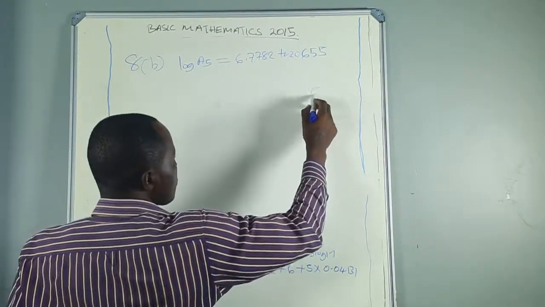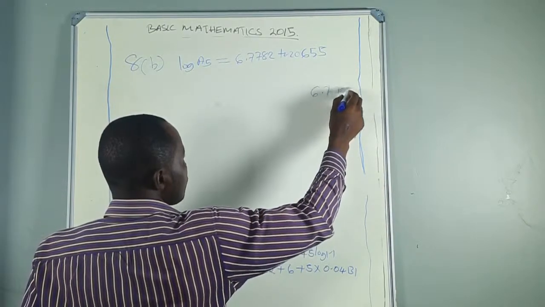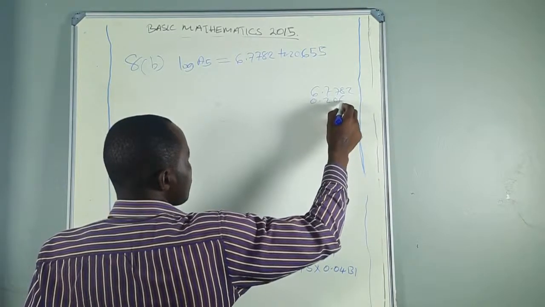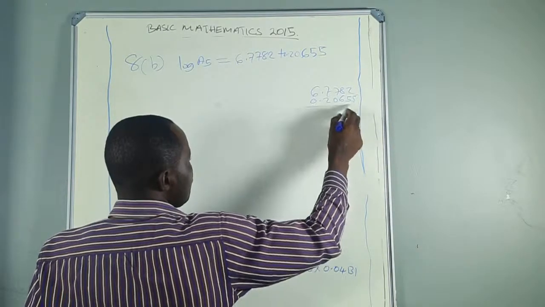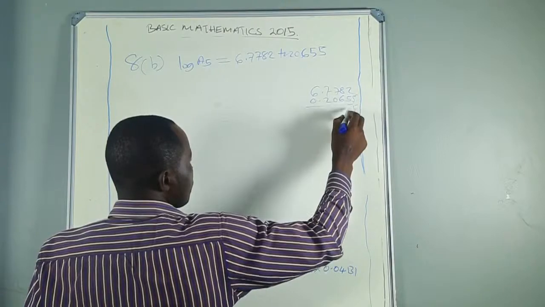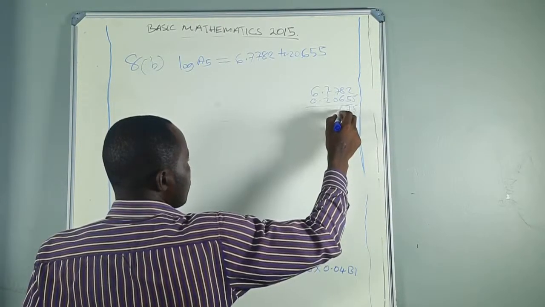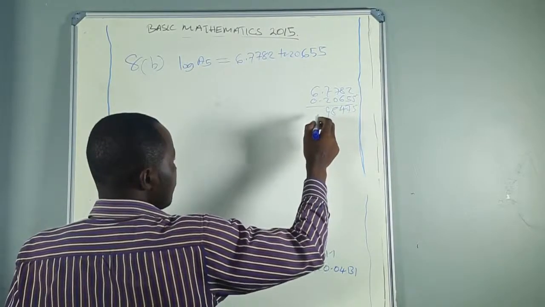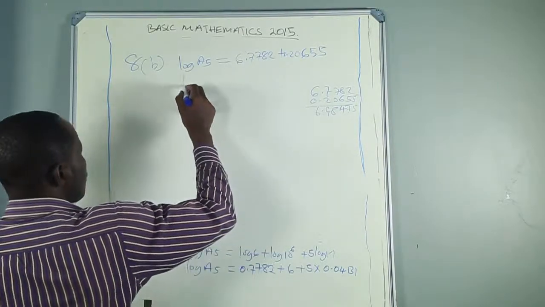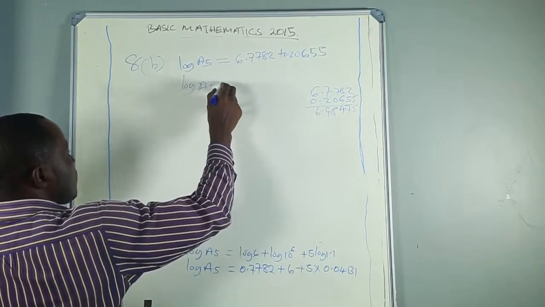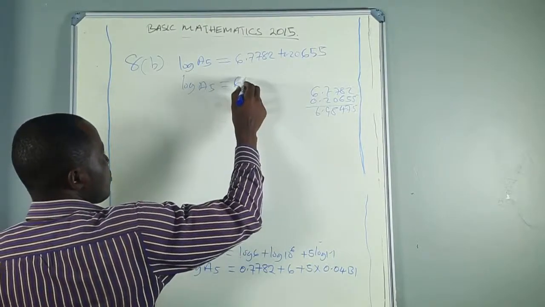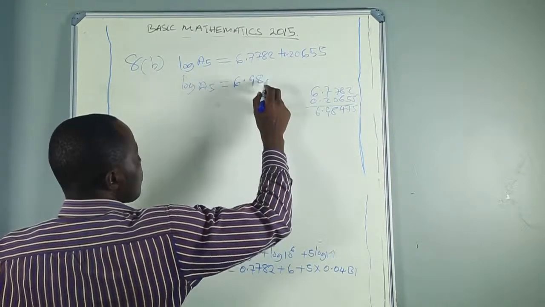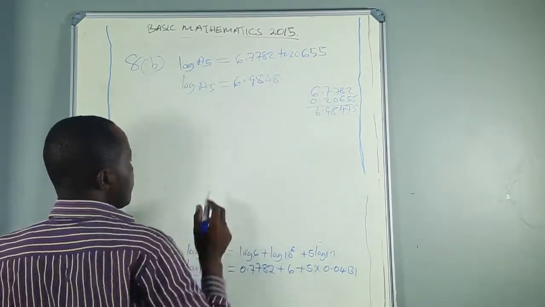So we add 6.7782 and 0.20655. So log of A5 is equal to 6.9848.